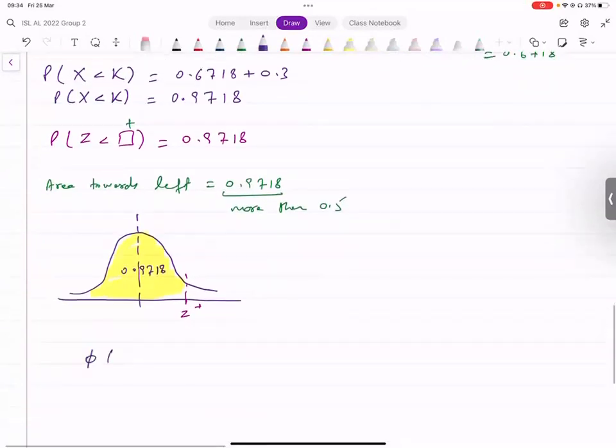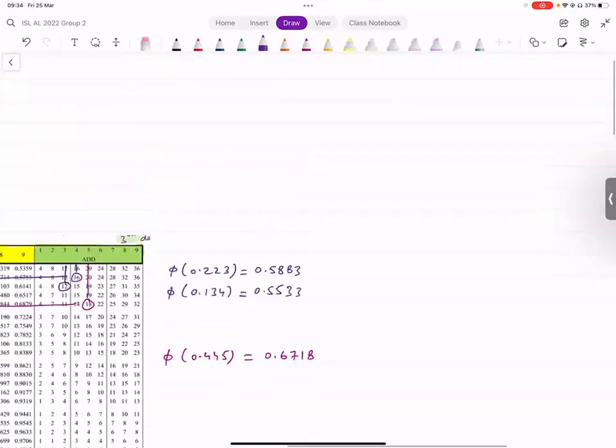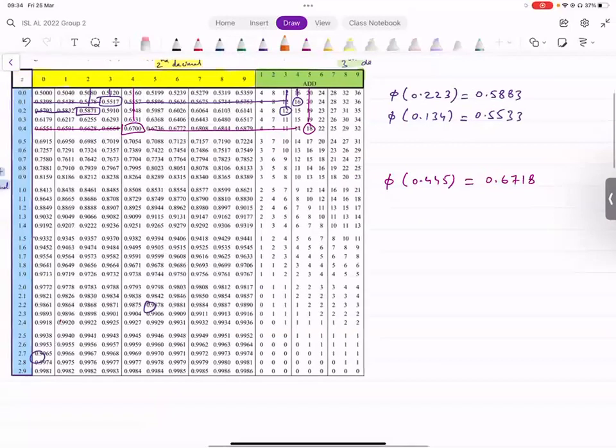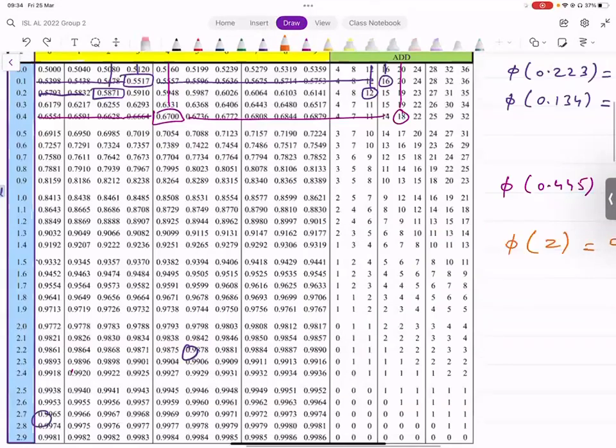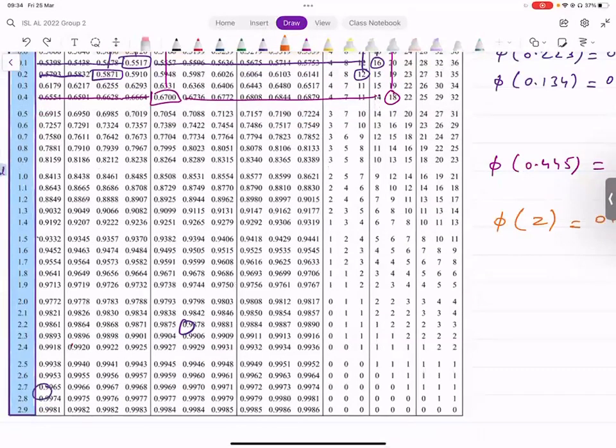0.9718 जाके हमने टेबल से देखना है. Sorry, phi of z is equal to 0.9718. ये probability आपको given है 0.9718. अब ये जहाँ पे देख लें 0.9718, उससे छोटा नंबर आपको ये मिल रहा है.